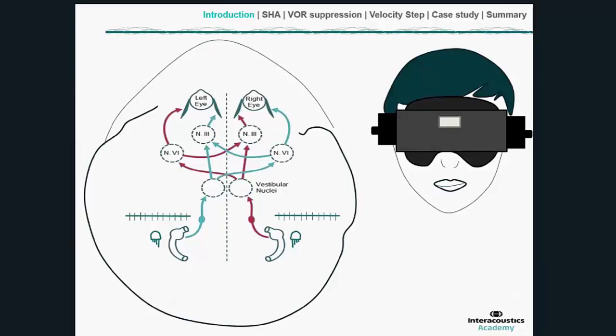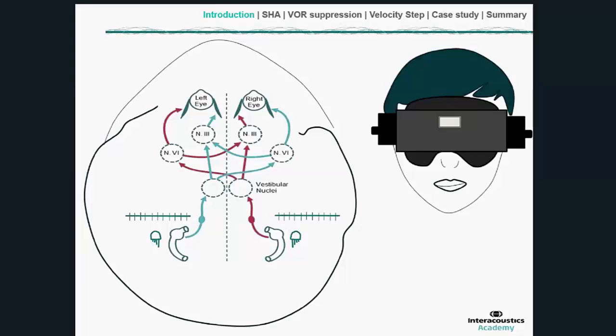But what we have here, if I just get my pointer, we can see that we have the peripheral end organ on each side, as well as a range of different neural connections in the brainstem, and then the extraocular muscles that actually control the eye's position.